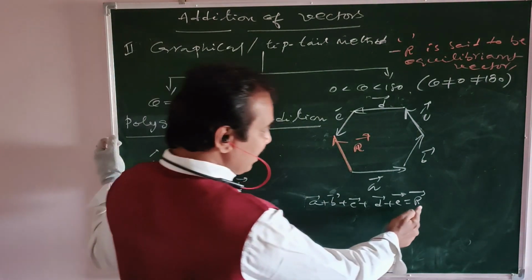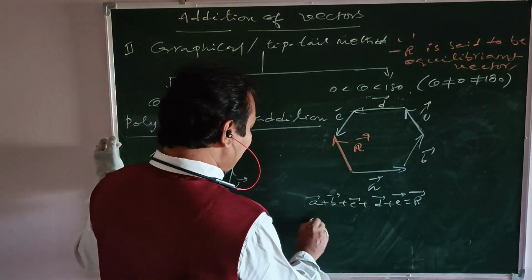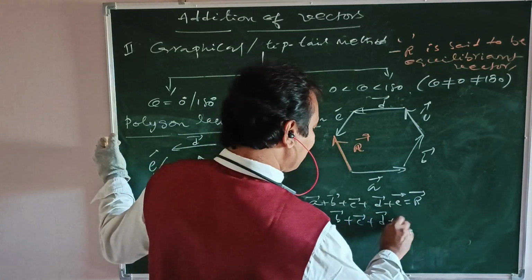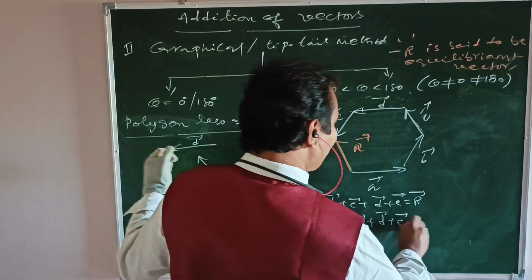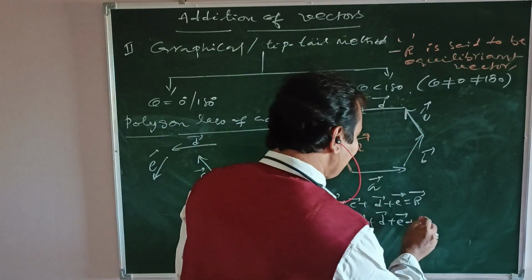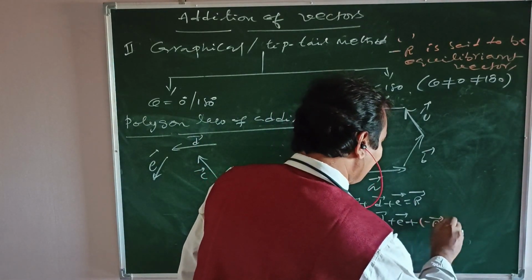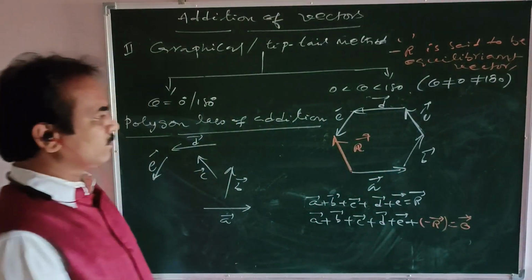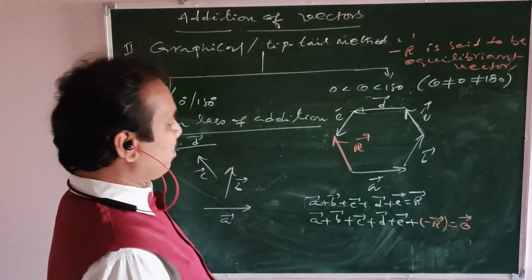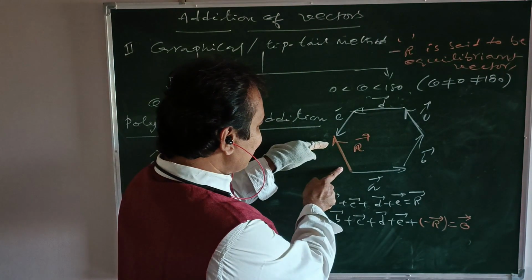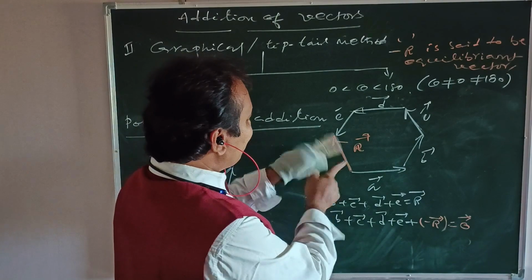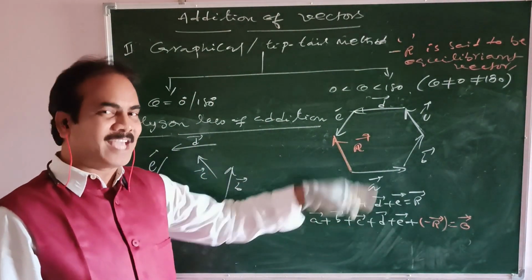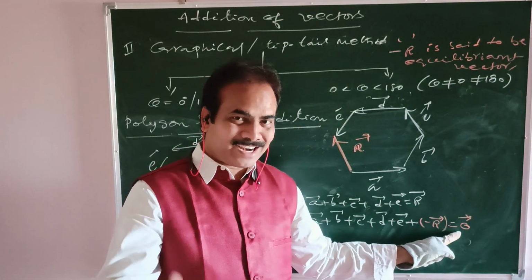Now if I take this vector to the LHS, what happens? A bar plus B bar plus C bar plus D bar plus E bar plus minus R bar equal to 0 bar, right? Equal to 0 bar means if this vector is flipped end to end like that, such that all are taken in the same order, then the resultant must be 0.